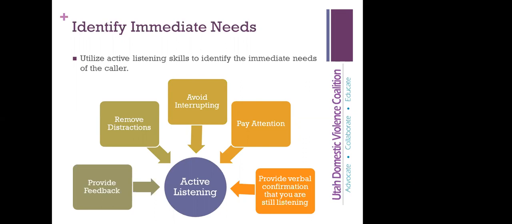Some other red flags that I like to talk to folks about: if the person's being stalked is a huge thing. A lot of people love to minimize stalking, especially in this day and age of technology and immediate access to information. Stalking behavior is incredibly scary and could lead to potential lethality. I also like to pay attention to if somebody is mentioning that the person is an ex-partner or an estranged spouse, because we know that 75% of homicides occur after the victim has left the abusive relationship, right?